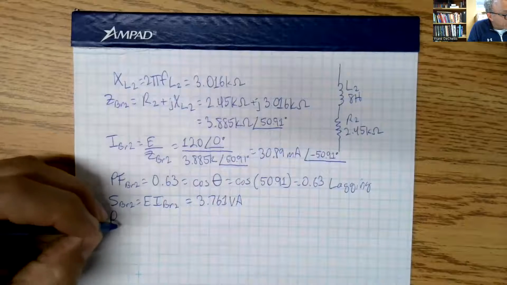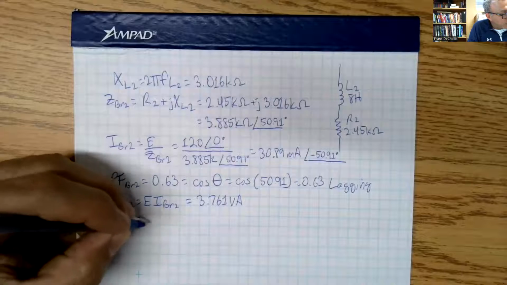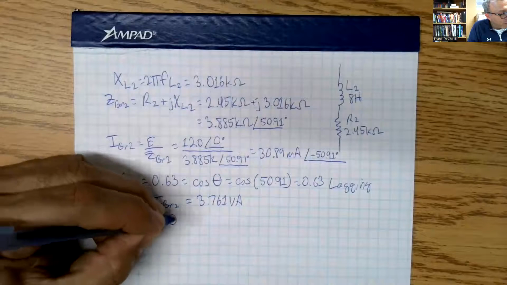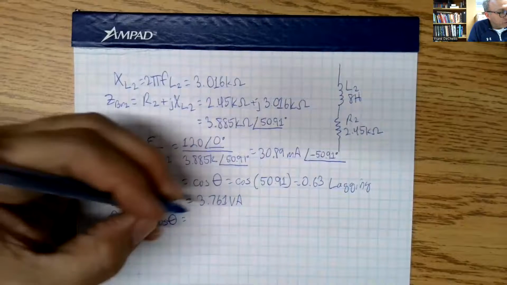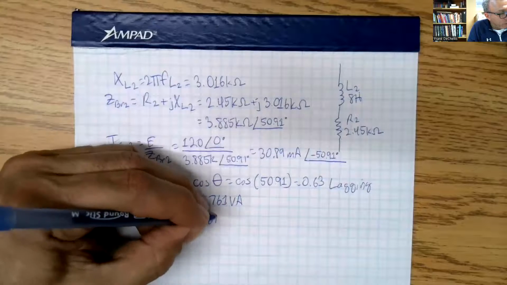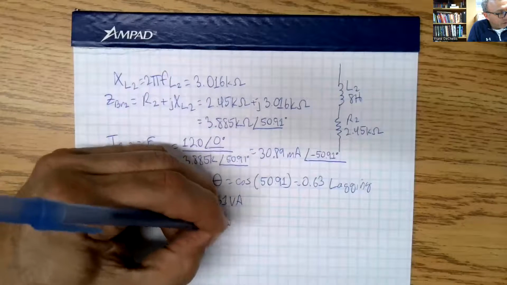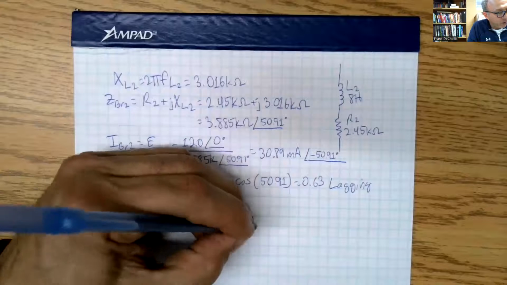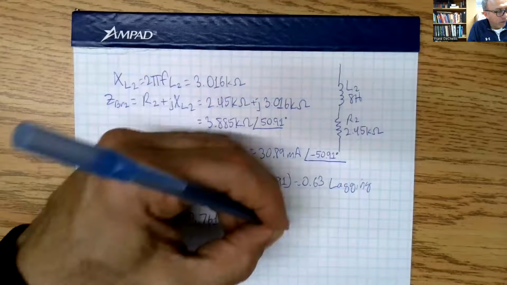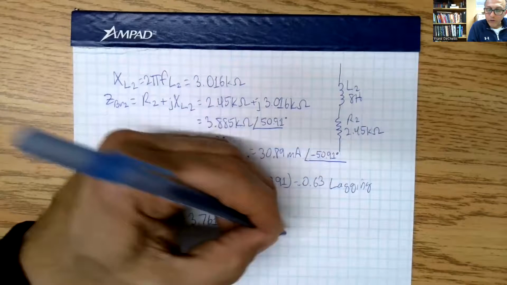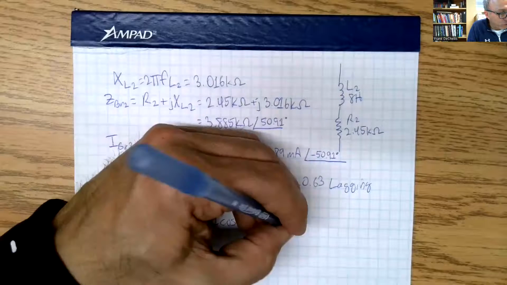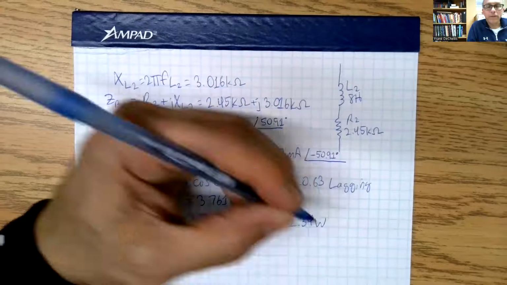Power of branch 2 is equal to S cos theta, which is 3.761 times the cos of 50.91 degrees, which worked out to 2.34 watts.